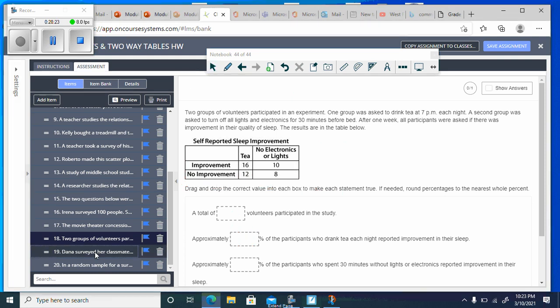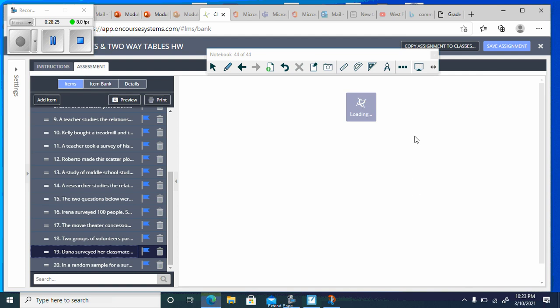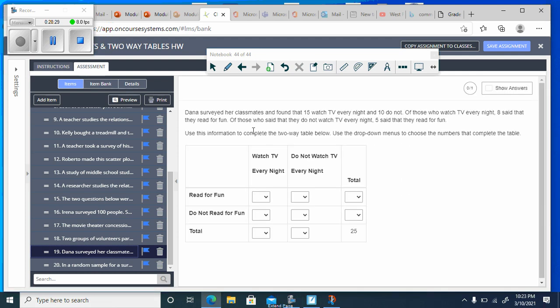Let's go to number 19. Dana surveyed her classmates and found that 15 watched TV every night, and 10 do not watch TV every night.